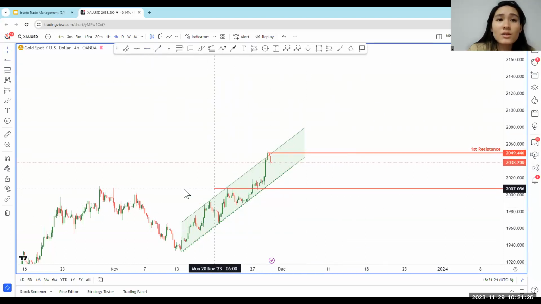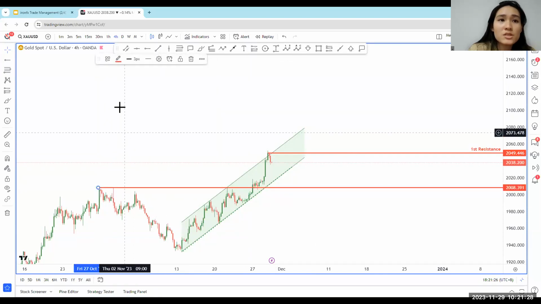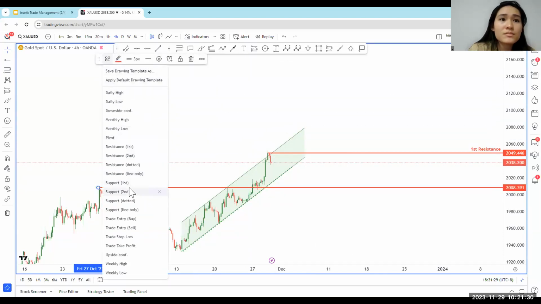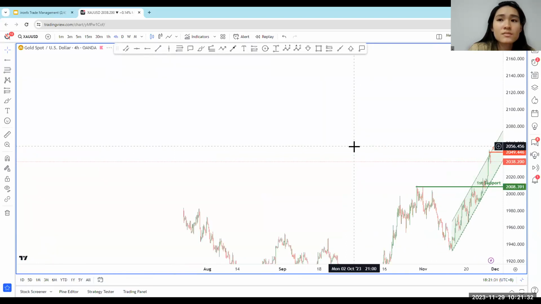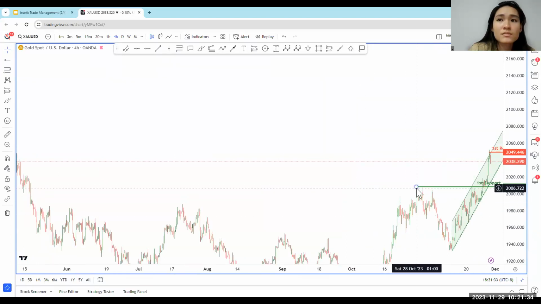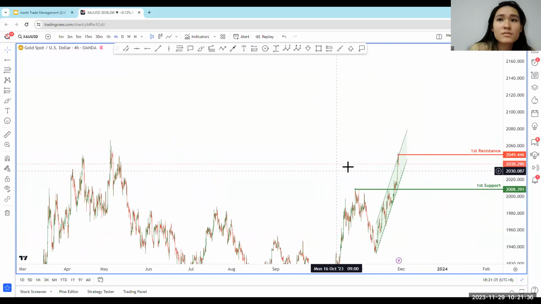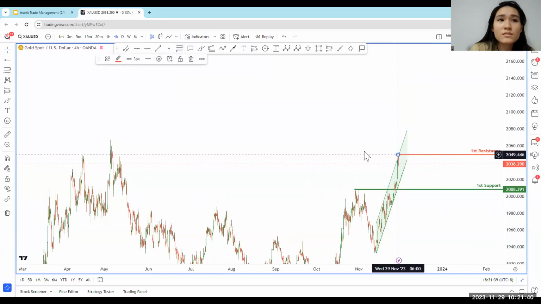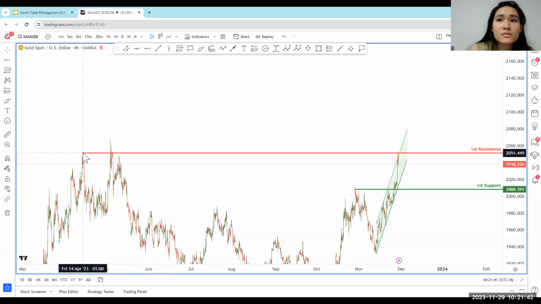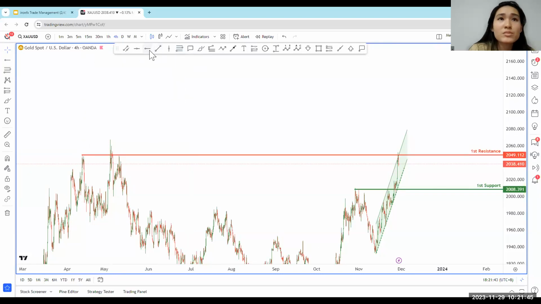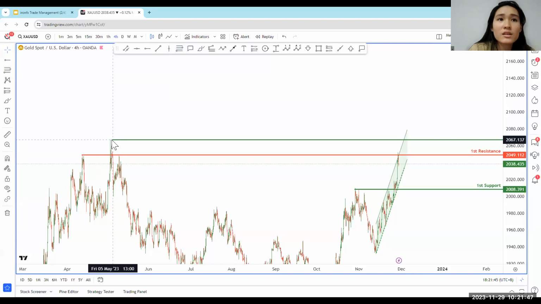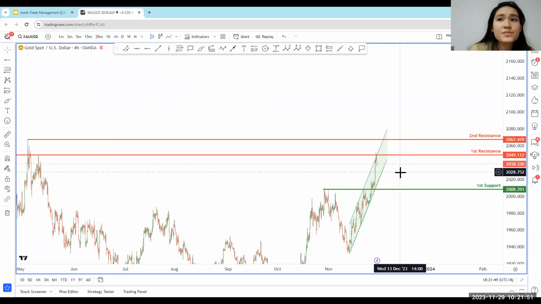And then our first support maybe just here. We always want to try and pull it back as far as we can. And I'm going to place my second resistance here.